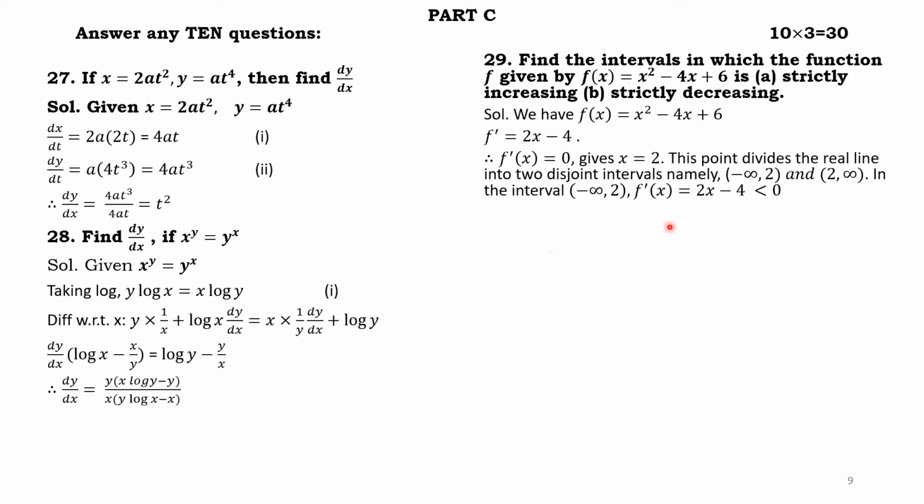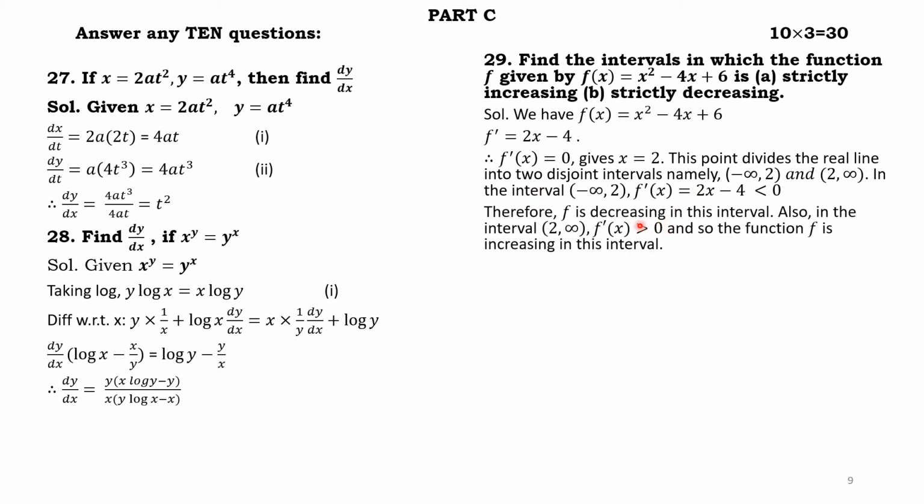Therefore f is decreasing in the interval. So f is decreasing between minus infinity to 2, and also in the interval 2 to infinity, f dash x is greater than 0, so the function f is increasing. So it is decreasing between minus infinity to 2 and increasing in the interval 2 to infinity.